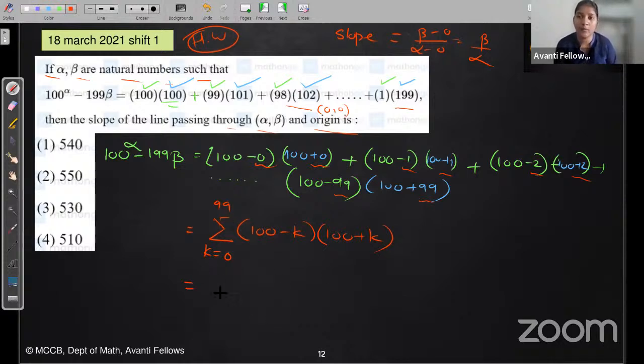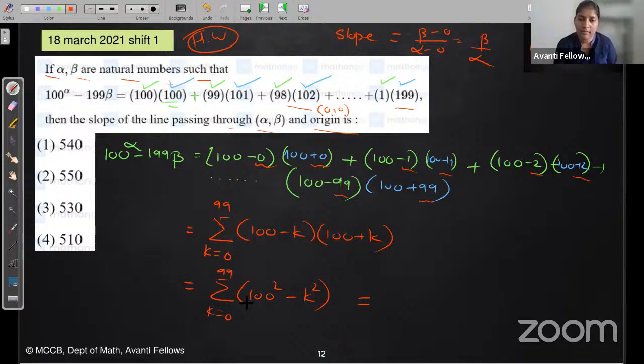Now tell me the next step, what I can do. What shall I write here in the next step? It is of the form (a minus b) into (a plus b), correct? So what shall I write here? I can write it as a square minus b square, right? So it's going to be 100 square minus k square, okay? So this will be equal to, well, it will be equal to what?